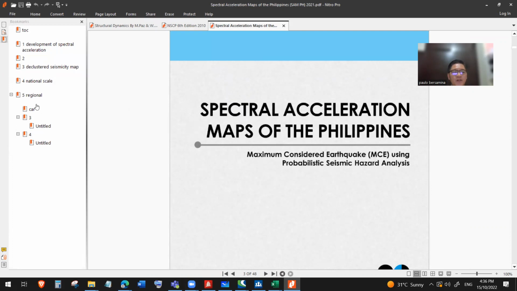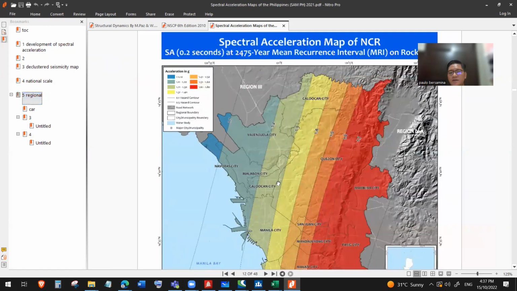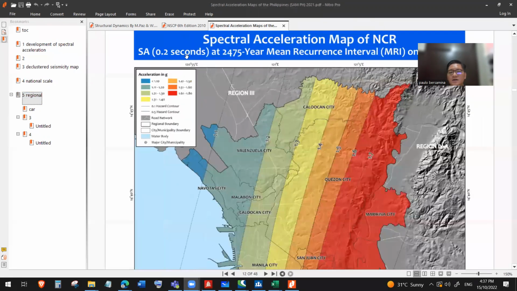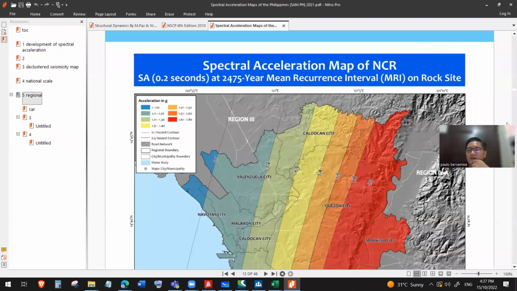So for example, sa NCR, yan. So spectral acceleration map of NCR for 0.2 seconds period. So basically, two-story building, approximately on a rock site.